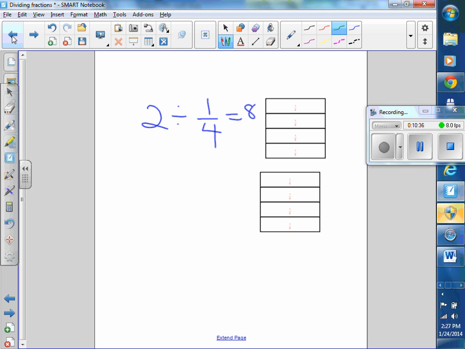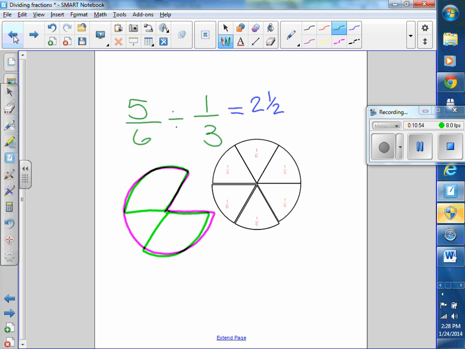We're not gonna do like crazy 20. How many fourths is 2? 8 fourths. What's 8 fourths divided by 1/4? 8. Okay. What should I do here?